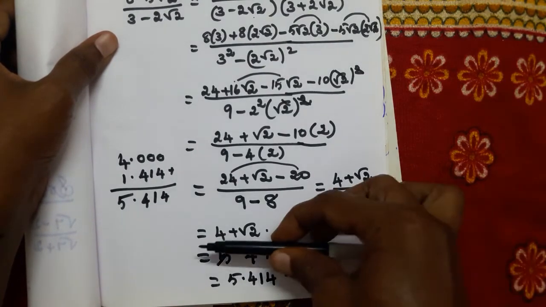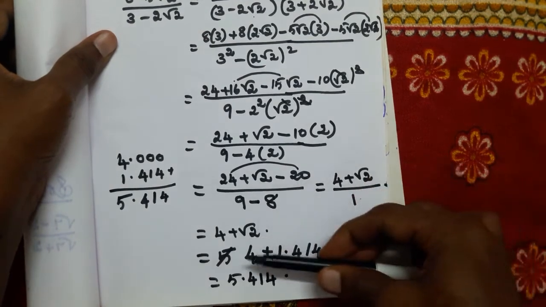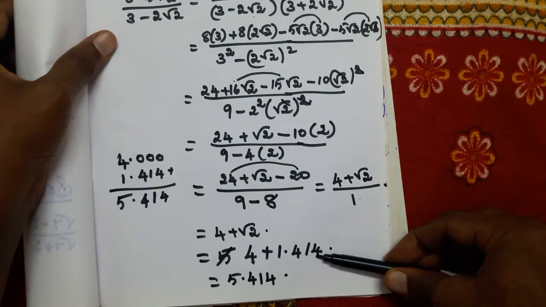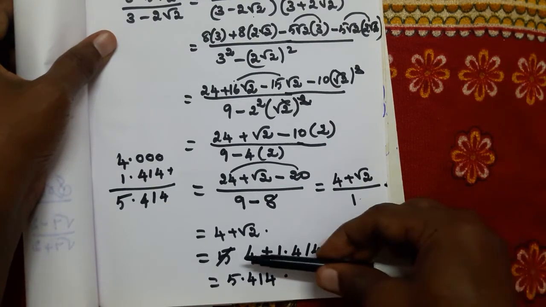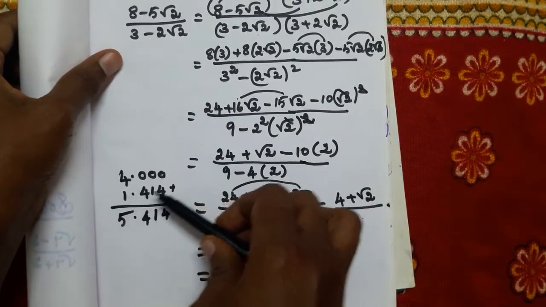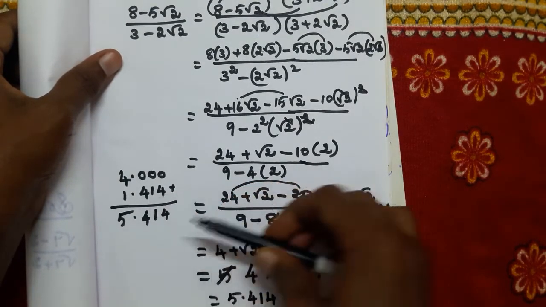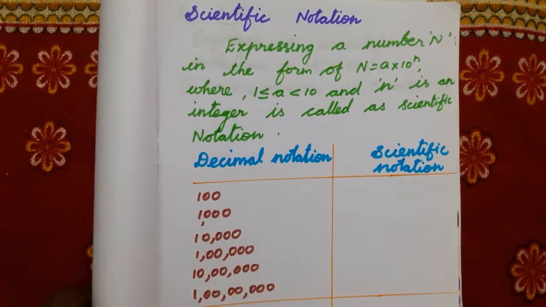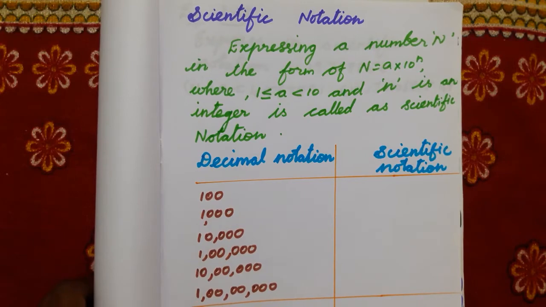Here in place of 4 plus root 2 we have to substitute 1.414. When we are adding 4.000 and 1.414, we are getting 5.414.